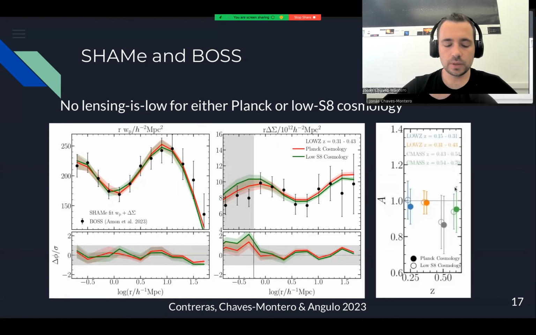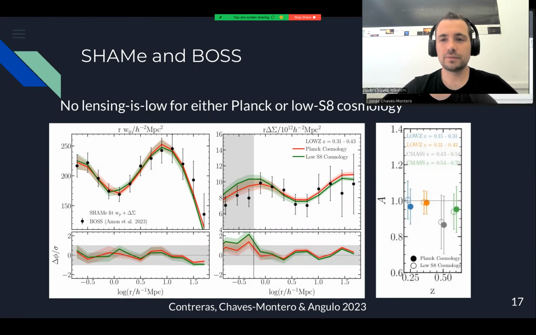So now that we were sure that the model works in a controlled environment, when fitting the mock-TNG sample, we went to observations to fit the clustering and lensing, now both, evaluating the model in two different simulations, a simulation with a Planck cosmology and another one with a low sigma8 cosmology.